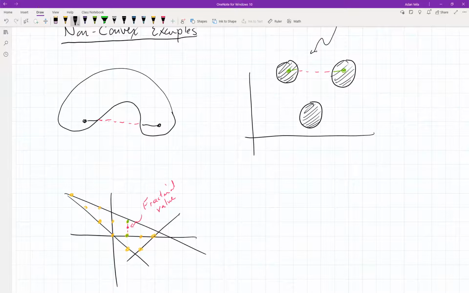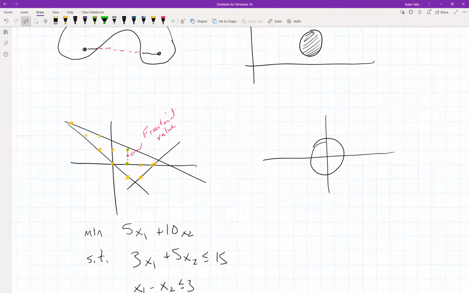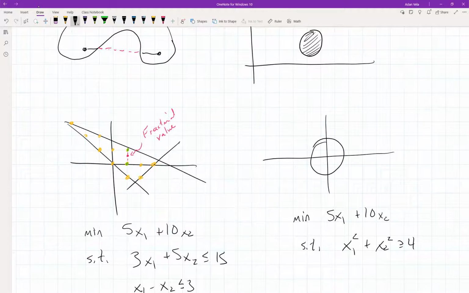Now, another little example that sometimes trips people up has to do with circles. Everybody thinks, oh, a circle is convex, right? So maybe I have a circle like this. And I have some optimization problem where I say minimize, again, doesn't really matter, 5x1 plus 10x2, subject to the constraint that x1 squared plus x2 squared is greater than or equal to 4. In this case, we're not talking about stuff that's inside the circle.